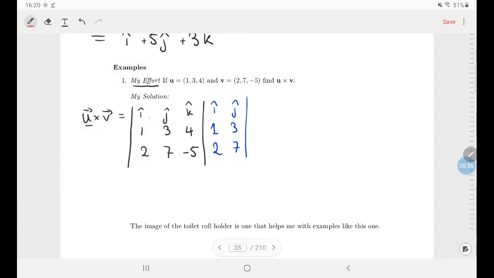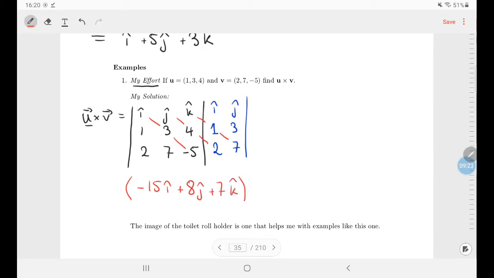So that's I by 3 by minus 5, J by 4 by 2, K by 1 by 7. So minus 5 by 3 is minus 15, by I is minus 15I. 4 by 2 is 8, by J gives you 8J. And 1 by 7 is 7, by K gives you 7K.